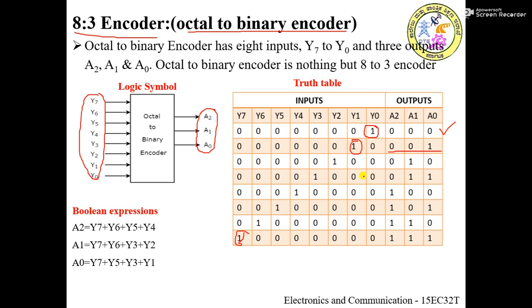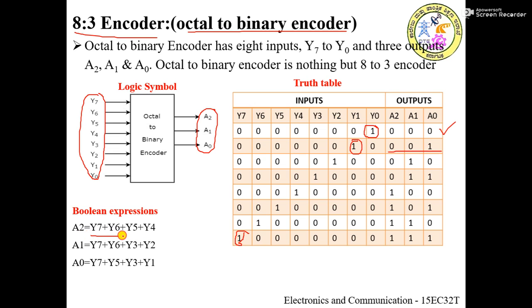So this is how the truth table is written. And as I already told you, the method to write the logic expressions for the outputs: A2 is 1. You have to see in which combinations A2 is 1. A2 is 1 whenever Y4 is 1 or Y5 is 1 or Y6 is 1 or Y7 is 1.